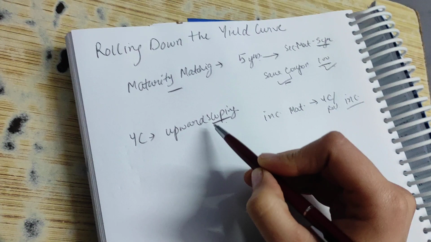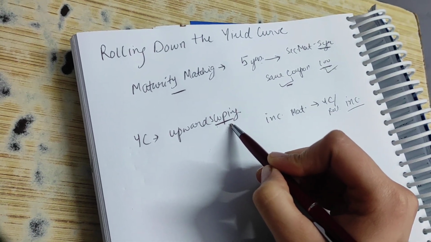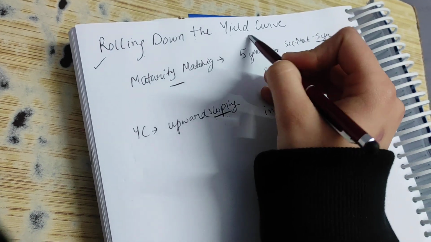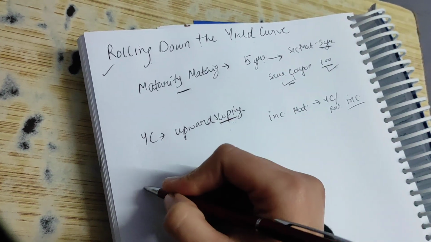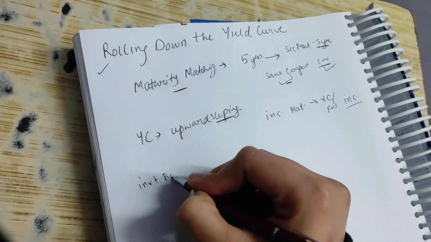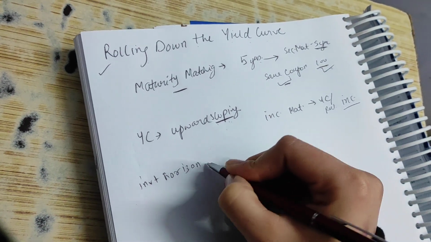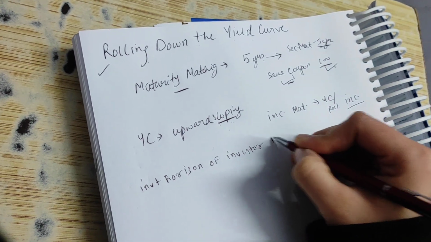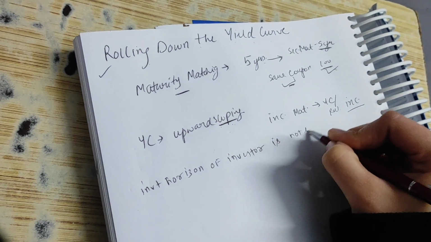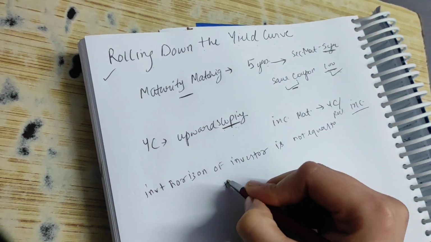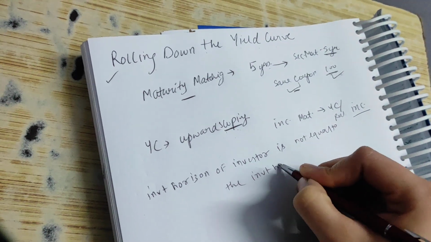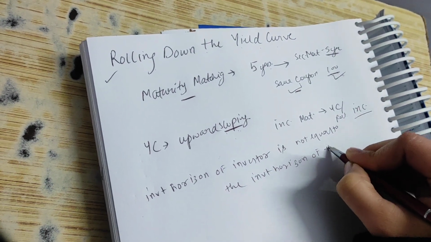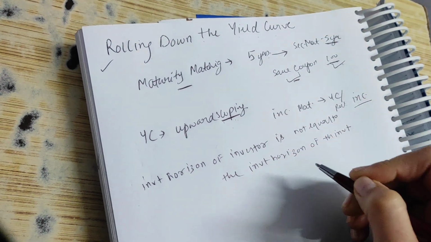So when we have that kind of scenario, we apply this strategy of rolling down the yield curve, which generally means that the investment horizon of the investor is not equal to the investment's actual maturity.